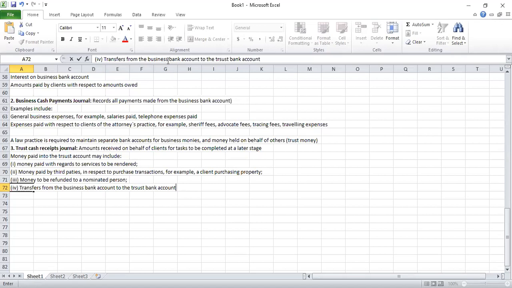So in the meantime, we should cover for it. Or maybe if the trust bank account has got a negative balance, you as the law practitioner are supposed to cover for it. Then you claim whatever you can from the persons who have taken the money. Right. So that's trust cash receipts general. Then we've got number 4, trust cash payments general.